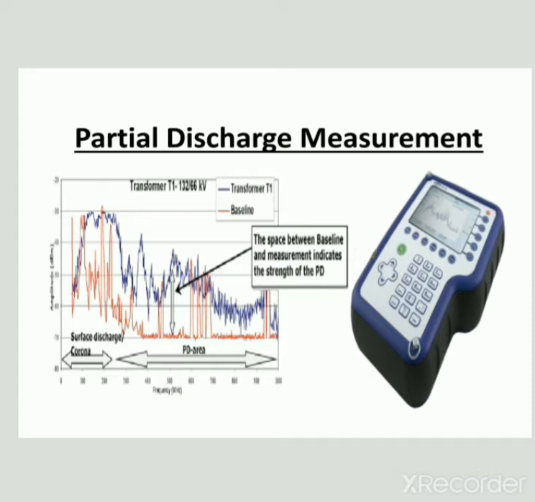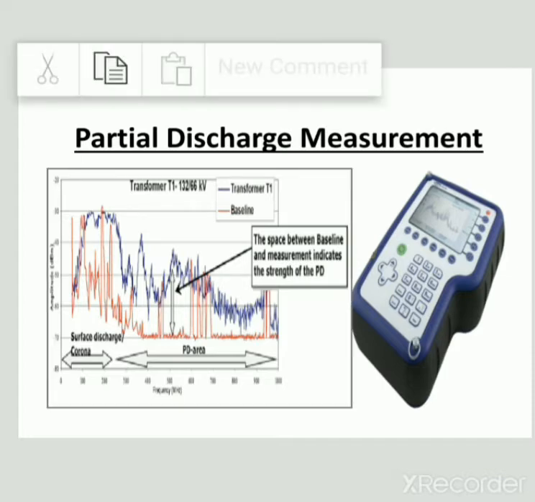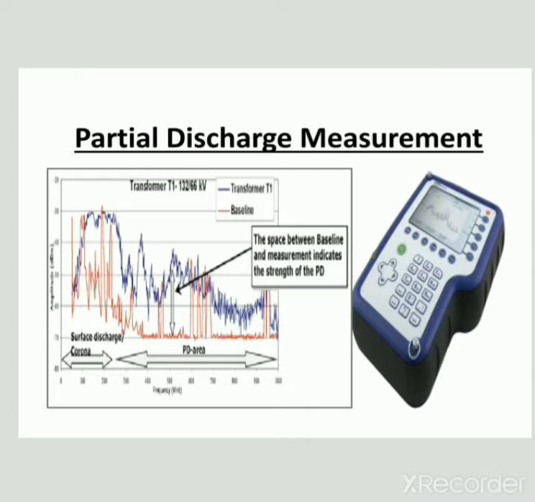In that graph, the blue line indicates the transformer and the red line indicates the baseline. The difference between the red line and blue line, the distance or space between the baseline and measurement, indicates the strength of PD.